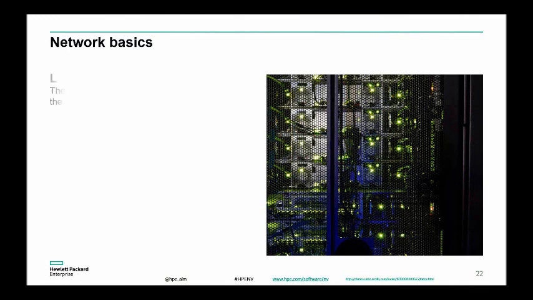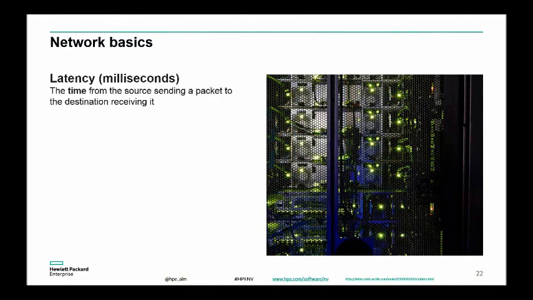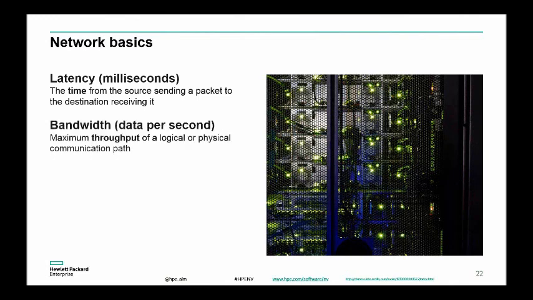This is referred to as latency in networks, the time from the source sending a data packet to the destination receiving it. The width of the hose impacts the throughput or capacity of the amount of water that can flow in a certain time. This refers to bandwidth in networks, the maximum throughput of a logical or physical communication path.